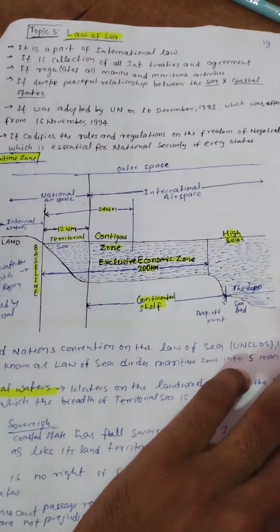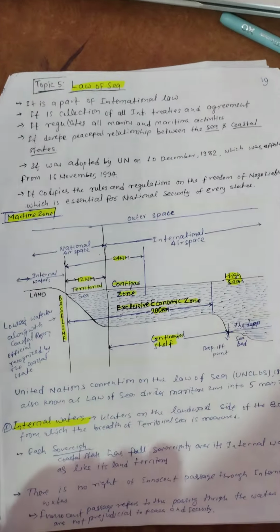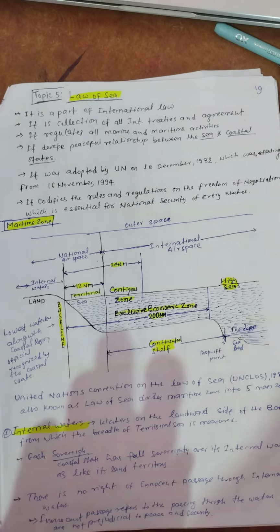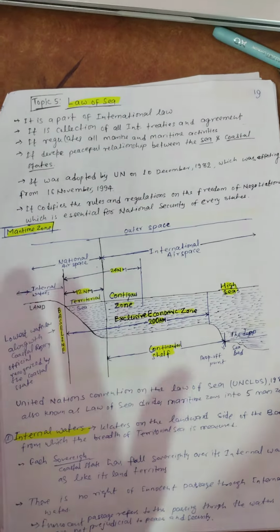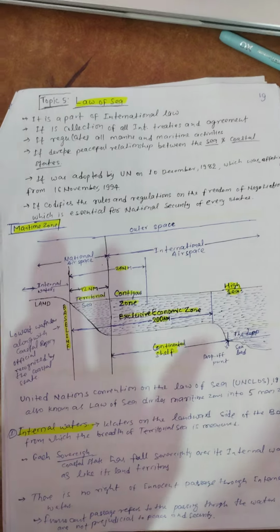You know, the law of the sea was enacted on 10th December 1982. It is a part of international law. It is a collection of all international treaties and agreements. It regulates all marine and maritime activities. It develops peaceful relationships between the sea and coastal states.